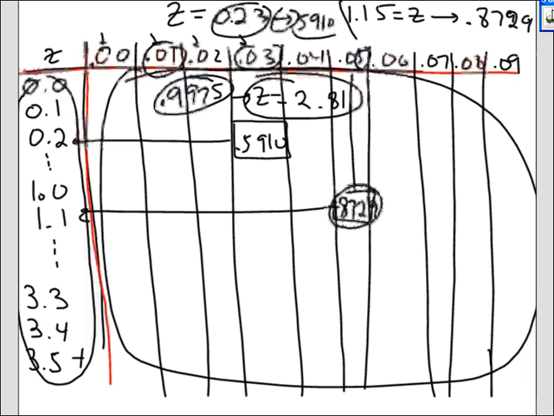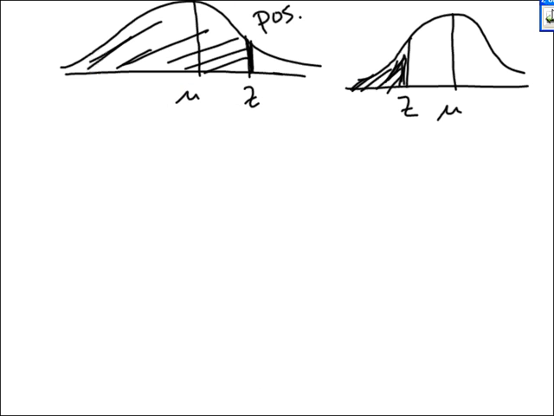If you look at all the numbers in the body of the positive z-scores and the negative z-scores, they're all between 0 and 1. In fact, for the negative z-scores, they're below 0.5, and for the positive z-scores, they're from 0.5 up to 1.